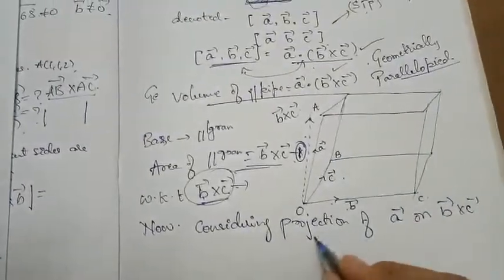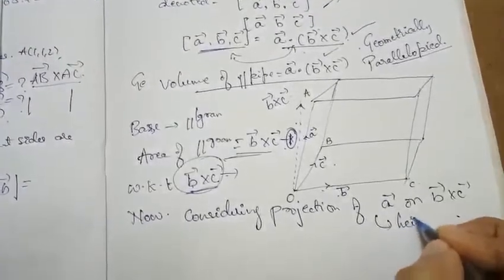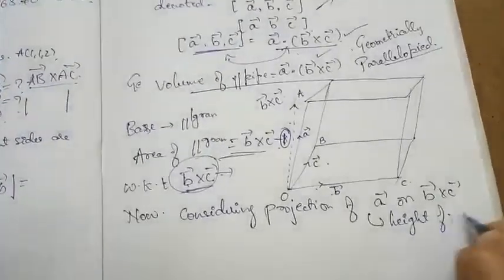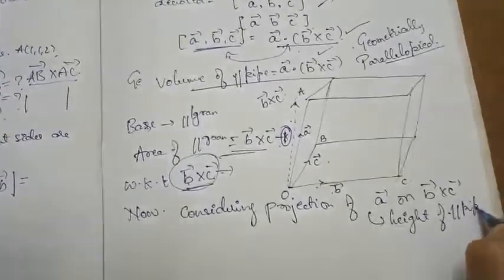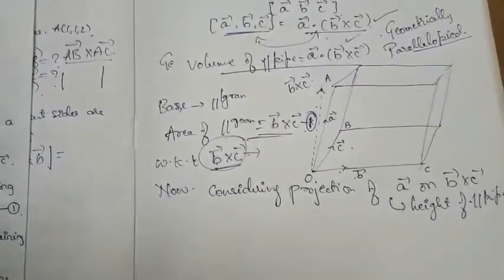So the projection of vector A on vector B cross C represents the height of the parallelopipe.